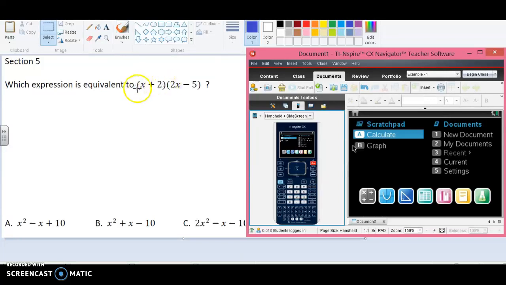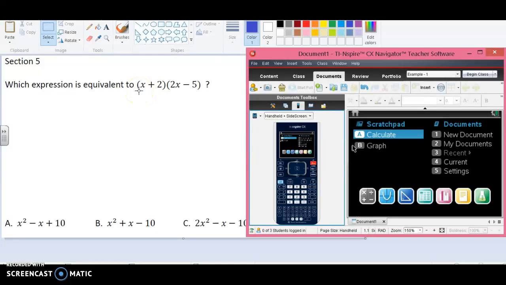Here we actually have two sets of parentheses, and notice there's nothing in between them. So we don't have any numbers in front to distribute, and there's no addition sign in between the two sets of parentheses. So what that means is we have to distribute these parentheses to each other.